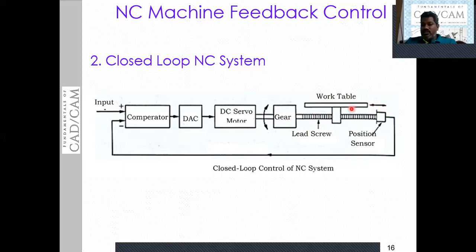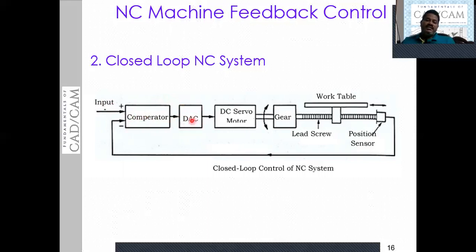If the table is not moved to the desired location according to the input signal, here you have a position sensor. This position sensor is going to read the position of the table according to the input signal. If the table movement is not according to the input signal, this position sensor reads the position and sends the feedback signal or the error signal, and the input signal and error signal are compared and processed, and the signal is sent to the digital to analog converter.